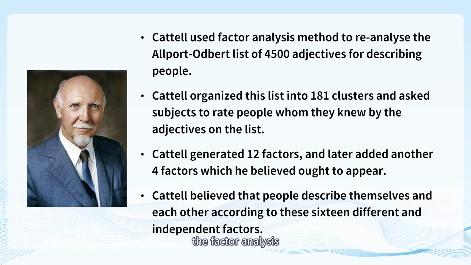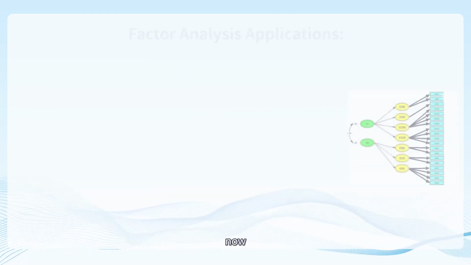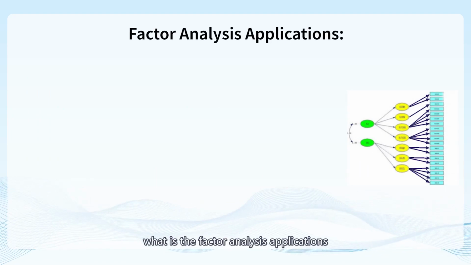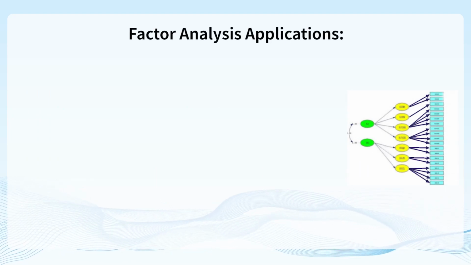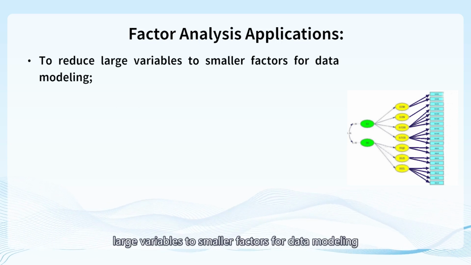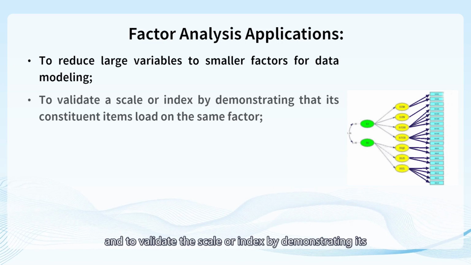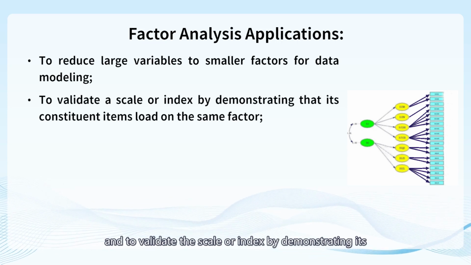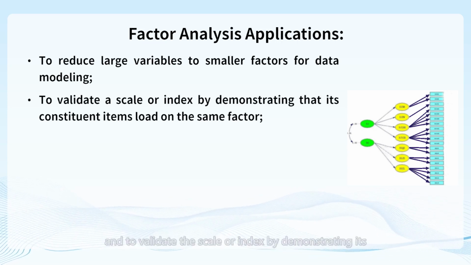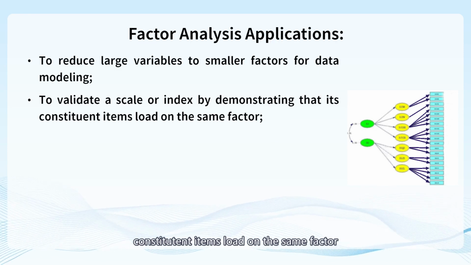Now, what are the applications of factor analysis? Just to give you an example, you would reduce large numbers of variables to smaller factors for data modeling, and validate a scale or index by demonstrating that its constituent items load on the same factor.